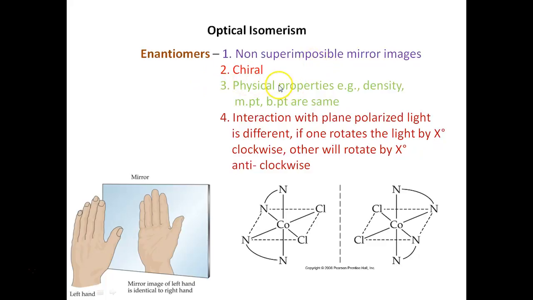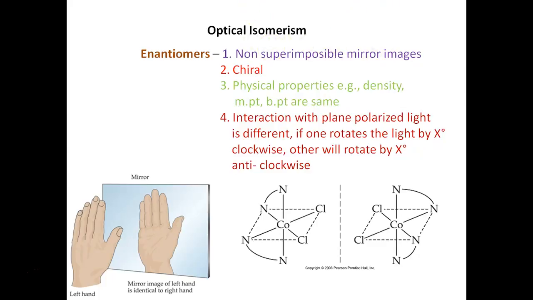Now the second category is optical isomerism. They are basically characterized by enantiomers. Enantiomers are basically non-superimposable mirror images. Just like the mirror image of the left hand is identical to the right hand, but the left hand and its mirror image never superimpose.